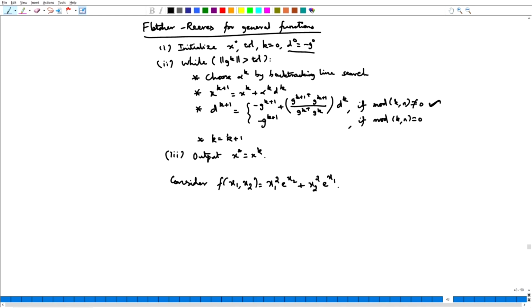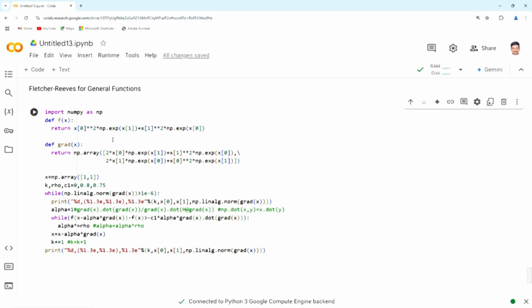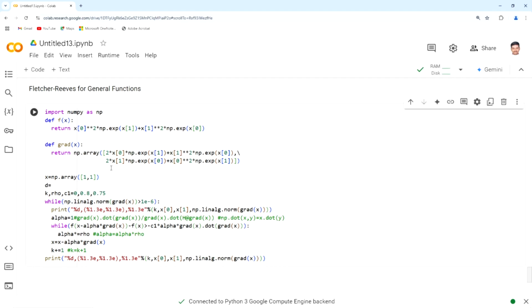So, we have initialized x naught, tolerance, k, and D naught has not been initialized to minus G naught, we will do that right away. So, D is minus grad of x, that is the first step, and so this is fine.